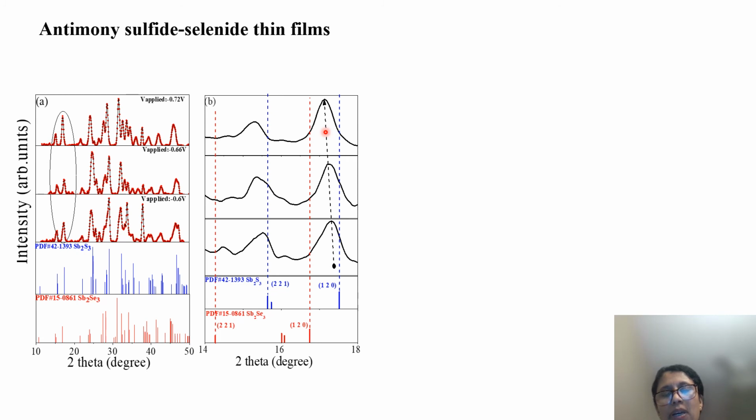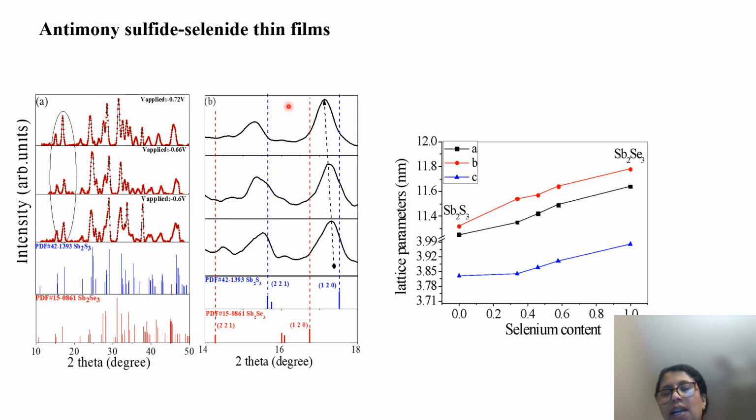Here this is deposited at 0.6, and then at 0.66 and 0.72 volts. The incorporation has caused the shift towards lower 2 theta values. The lattice parameters of these were calculated and were in between antimony selenide and sulfide.